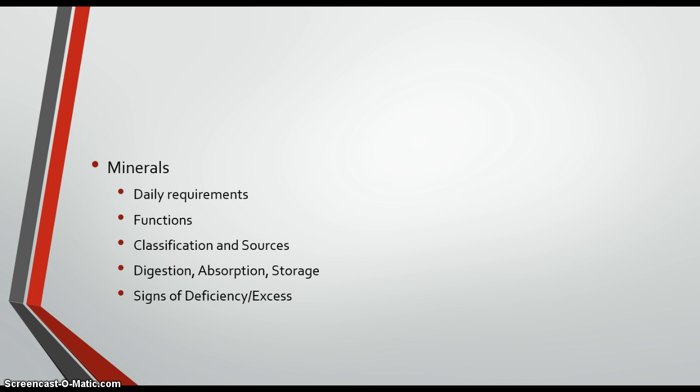Deficiencies of calcium can cause rickets, osteoporosis, tetany, and poor tooth formation. Toxic effects of calcium are kidney stones, calcium deposits in the joints and soft tissues, and it may inhibit iron and zinc absorption. Calcium is a mineral that you will have to know this chart for.